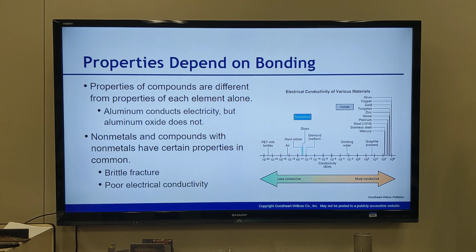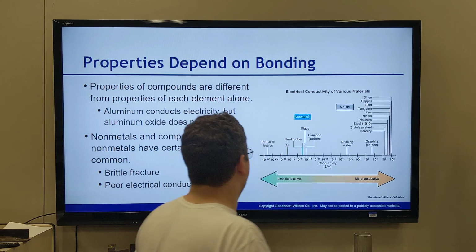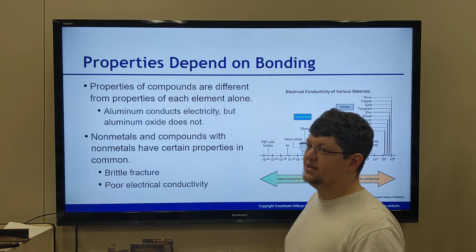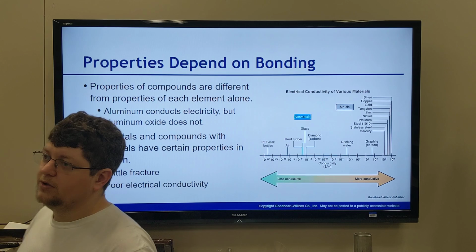Non-metals and compounds with non-metals have certain properties that are all kind of common. They're brittle and they have poor electrical conductivity. A way to think about it is diamond, which is purified carbon. We've all heard that it's the hardest natural material out there, and that's very true.